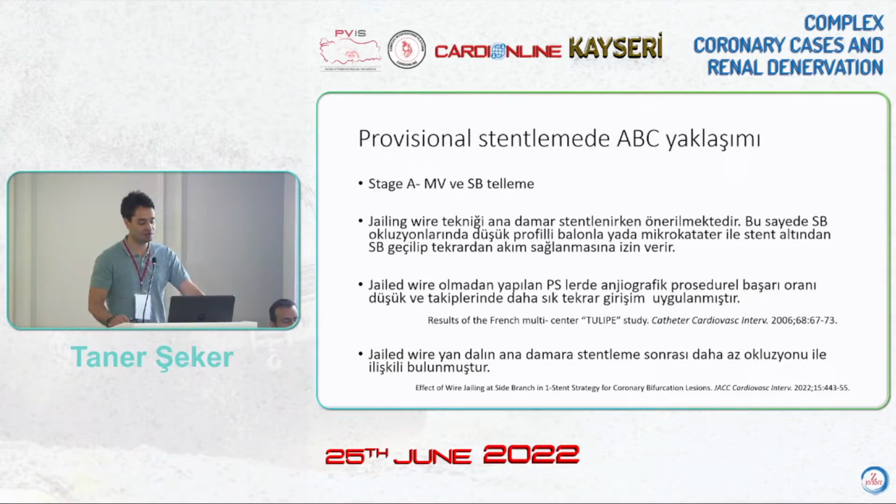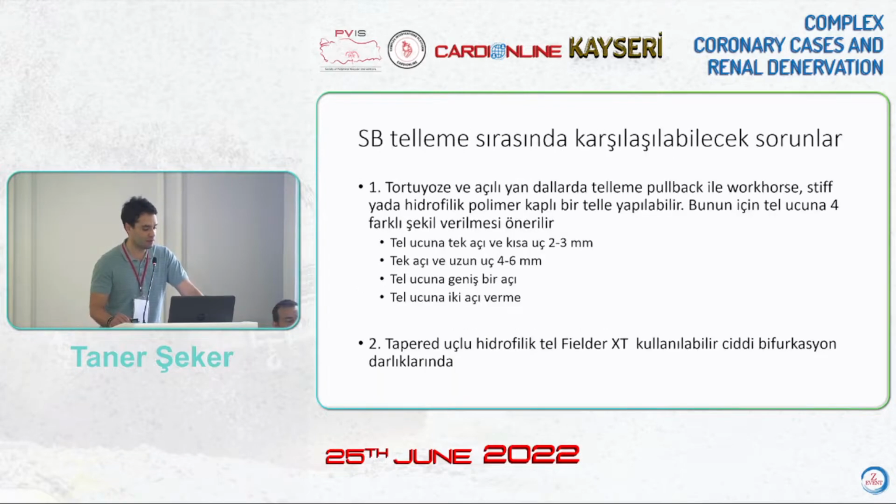In the multicenter TULIP study in France, without a jailed wire, the angiographic procedural success rate is low and reintervention is more. And in another study, in provisional stenting with a jailed wire, less occlusion is seen in the side branch.